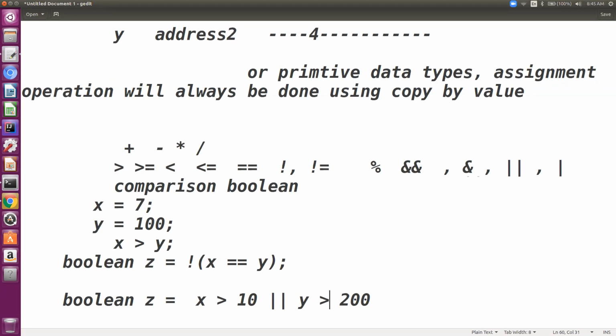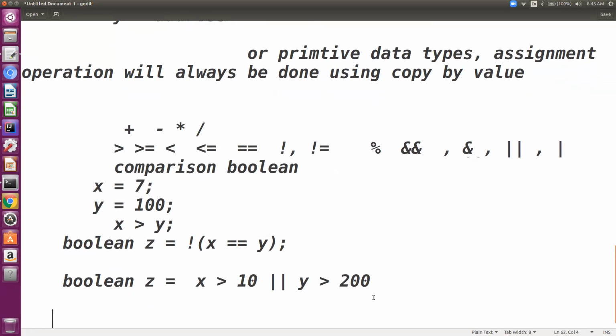False, right? Because x greater than 10 is false, y greater than 200 is also false. So the answer is false.